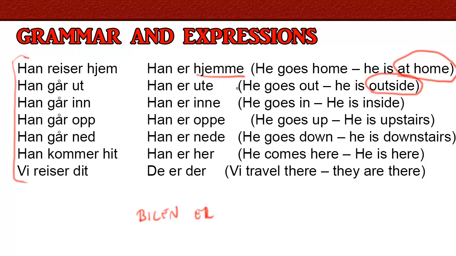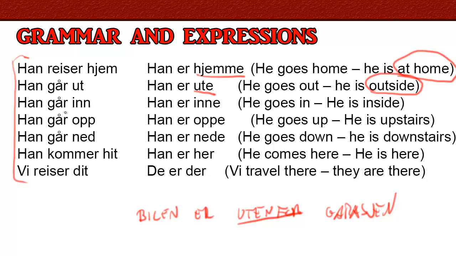It's just to show the grammar follows the same logic. Bilen er utenfor garasjen would be the car is outside of the garage. So if you actually want to emphasize something is outside something else, you would use a different word. But in this context, just think of going out. Han går ut, movement. Han er ute, he's outside.